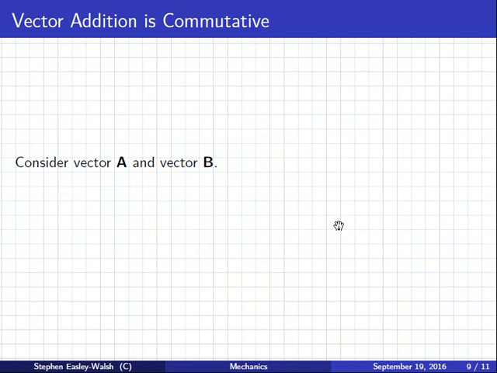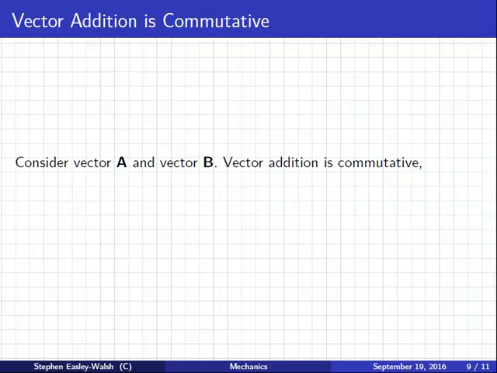Okay. Right, so we have two vectors A and B, and vector addition is commutative. Does anybody know this word, commutative? They combine. No. Nice try though. We know that they already combine because I said it earlier. What does commutative mean? It's something about how they combine.